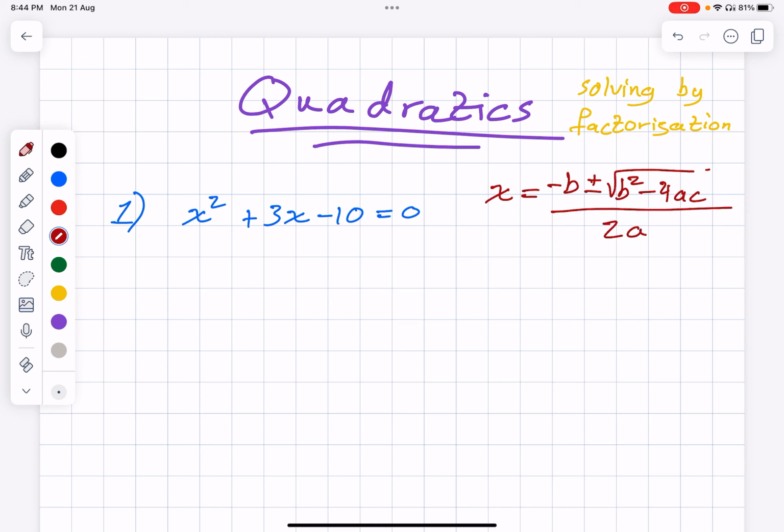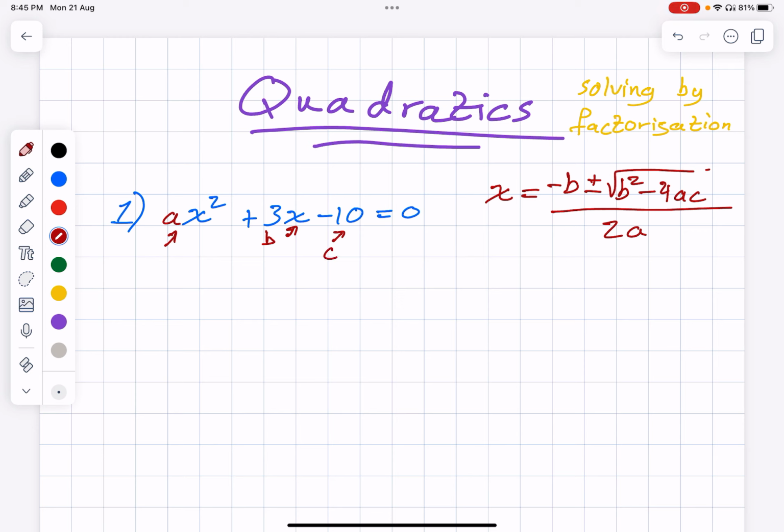Now, as you can see here, the number beside the x squared is a, and the number beside the x is b. The third one, which has no x associated with it, is c.